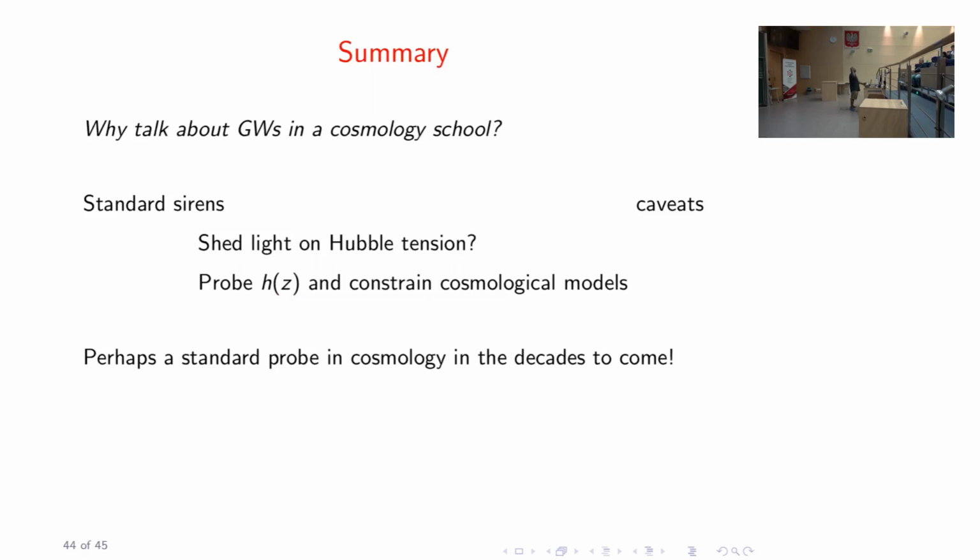You can measure distance directly without any other kind of calibration. Maybe it will shed light on the Hubble tension. Maybe it will probe the redshift dependent Hubble factor. Of course, there are lots of caveats which we are working hard trying to address, and perhaps gravitational waves are going to become a standard probe in cosmology in the decades to come.